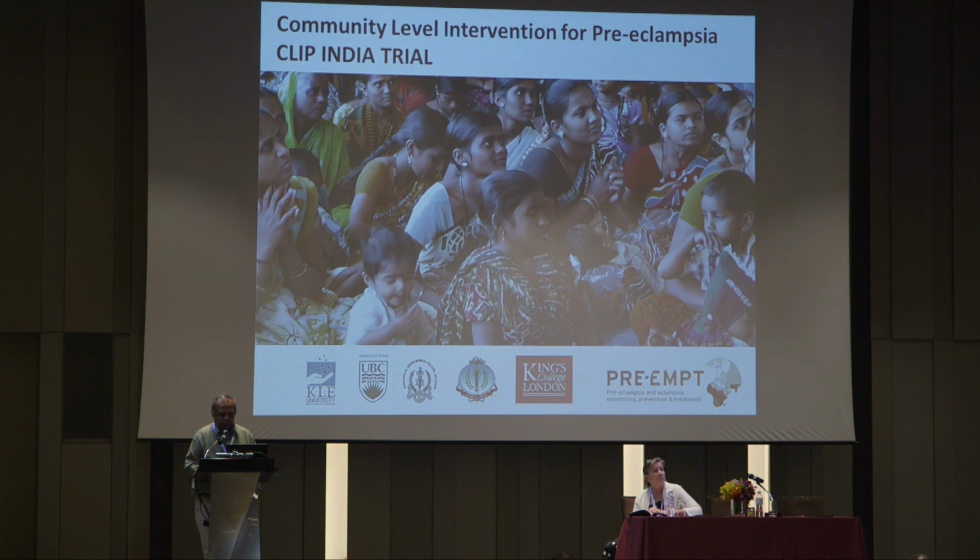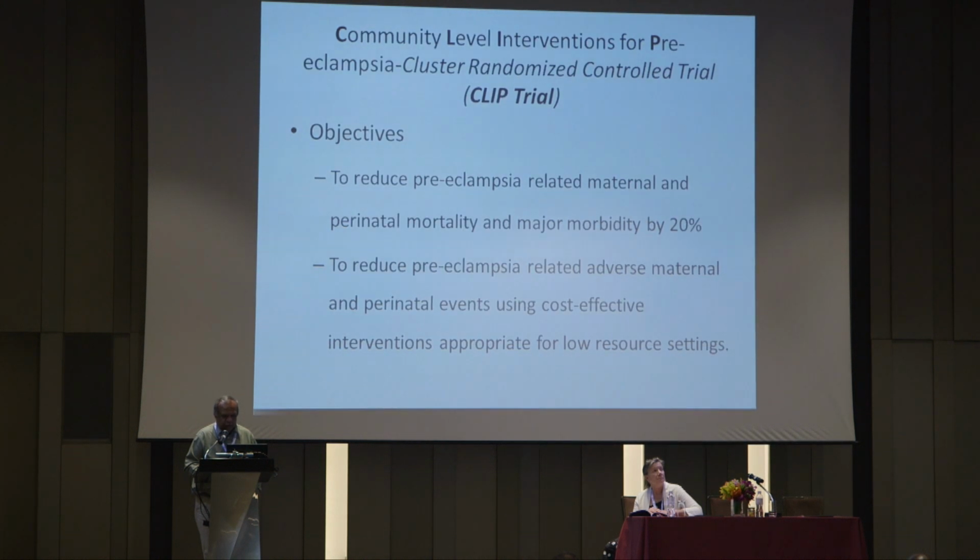The community level intervention for preeclampsia was actually a collaboration with University of British Columbia and King's College London now. The objective is to reduce preeclampsia-related maternal and perinatal mortality and major morbidity by 20%, as well as adverse maternal and perinatal events using a cost-effective intervention appropriate for LMIC settings.